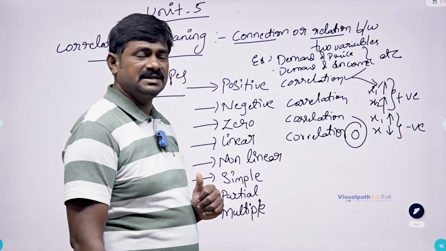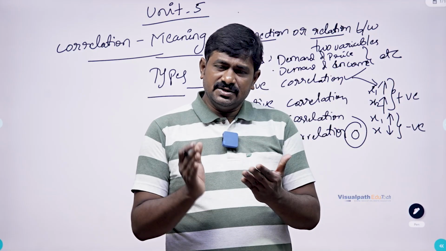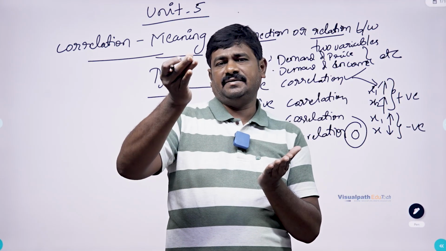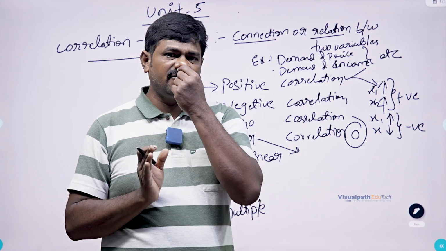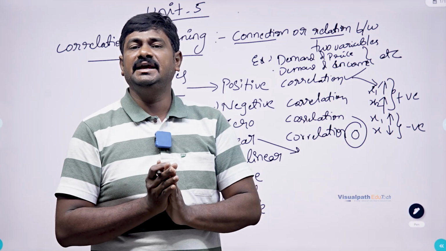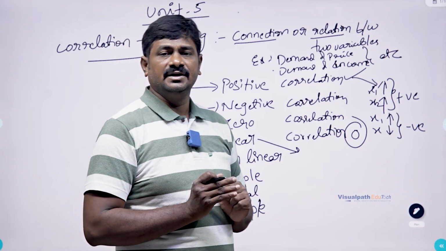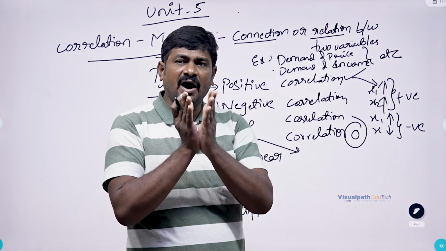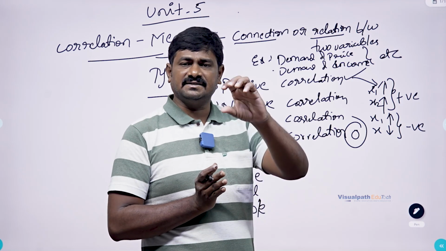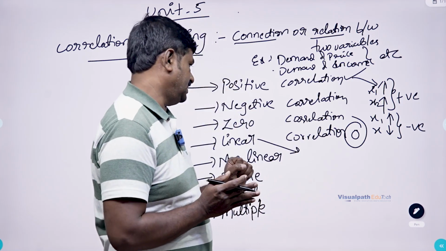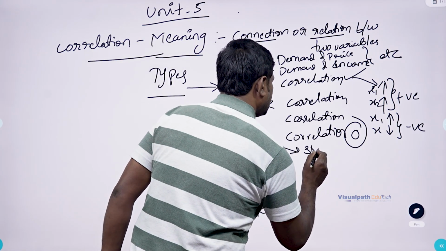Linear correlation means linearity between two variables, x and y. The relationship may be gradually positive or negative, but if it forms a linear equation, a straight line trend, that is linear correlation.